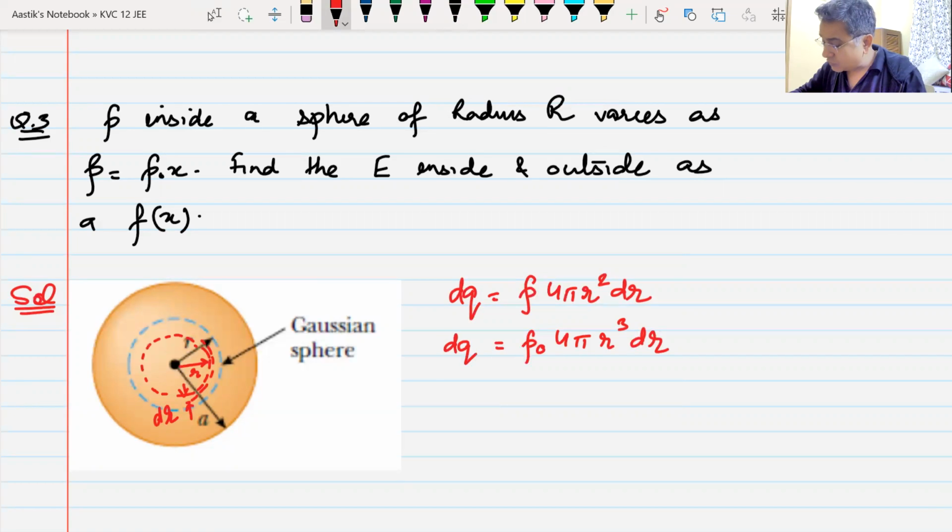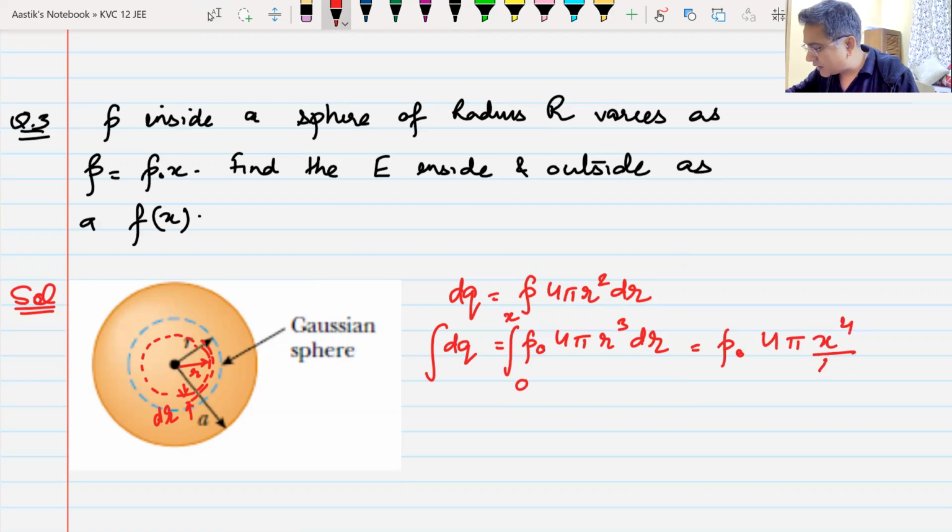Now to find the total charge, I will integrate from 0 to x, where x is the distance where I have to find the field. The integral of r cube dr is r to the power 4 by 4, so I get rho naught into 4 pi into x to the power 4 by 4. That is the charge enclosed.